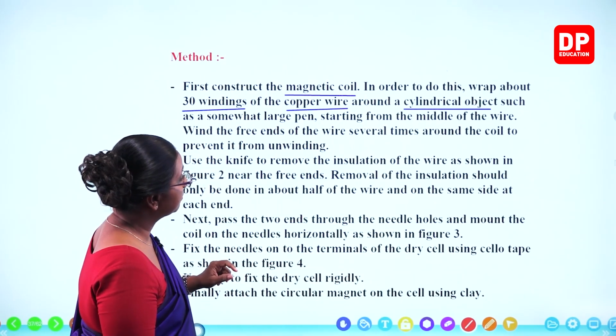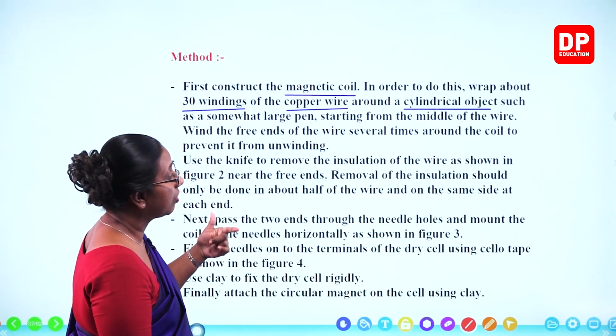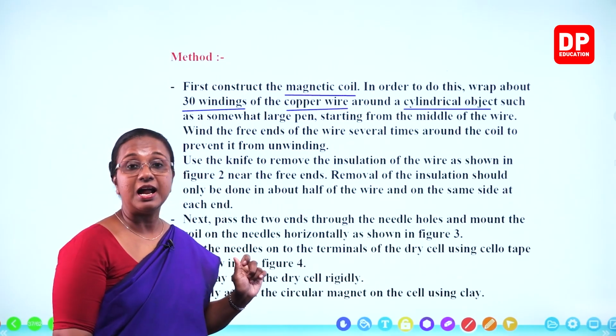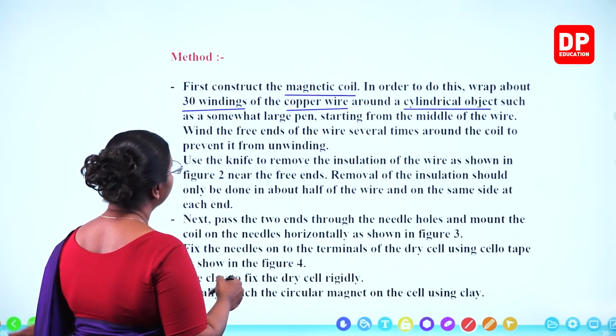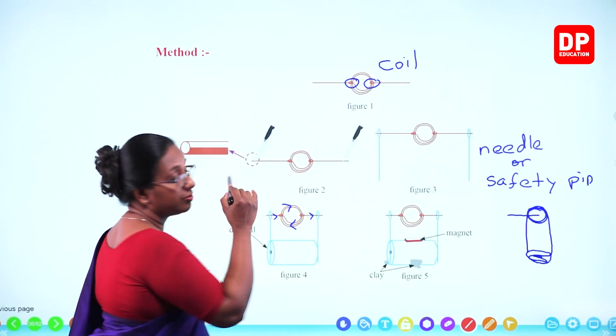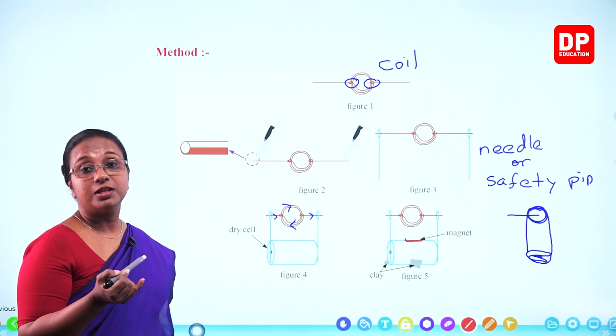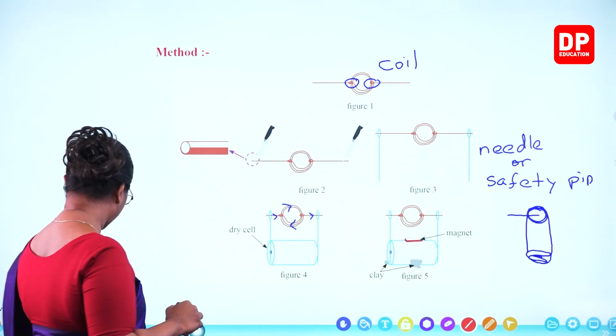Wind the free ends of the wire several times around the coil to prevent it from unwinding. That is what I showed in the two ends. You can remember, if we go back here, this is the part where you need to wind it around the coil so that it doesn't come off.